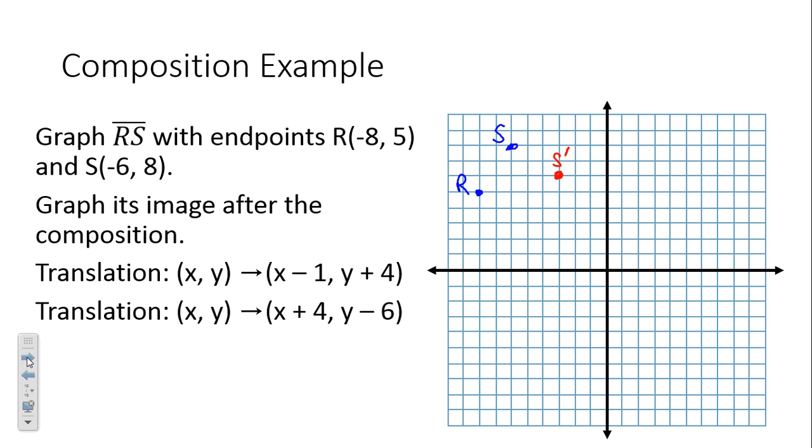All right, so we're going to do that for R as well. I'll let you do it, and then you can check yourself. We're taking S. We're moving it, first of all, left 1, then right 4.